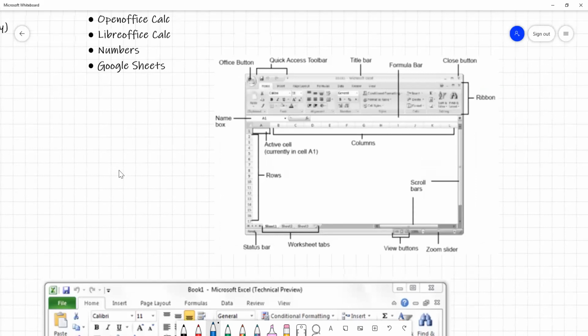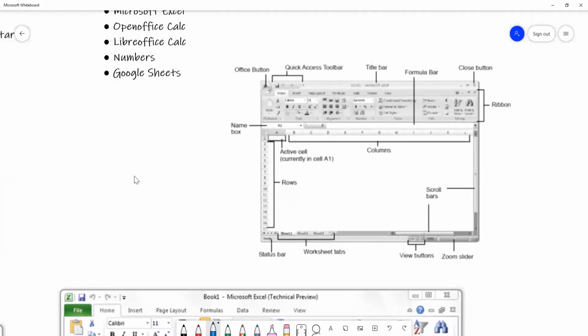And then we discuss the interface. In the interface, we have seen that it's slightly different from Word. Most of the things that we have discussed in Word, the commands will be available for Excel as well. But additionally, instead of a document, we have what we call cells, right?